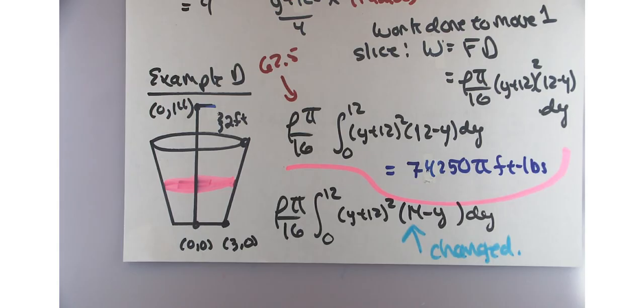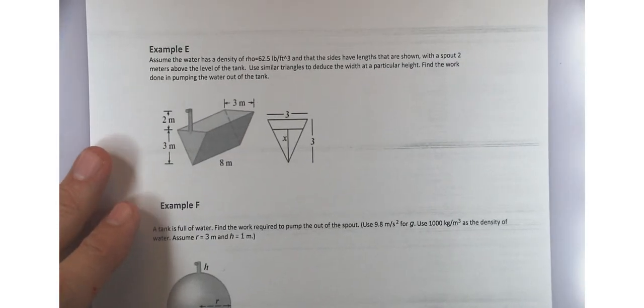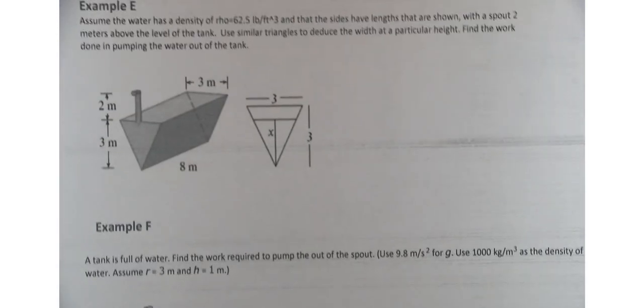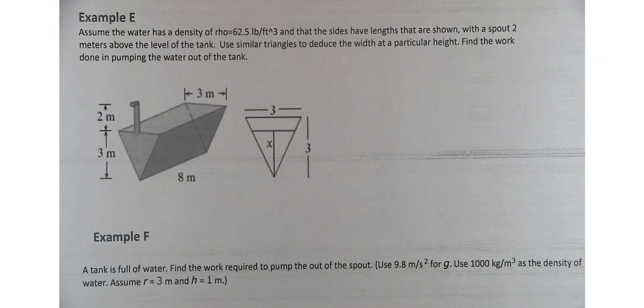Let's work through example E. So here we go, example E. Sometimes it's a little pain to get all the nice math symbols in here, so I took a little bit of a shortcut.